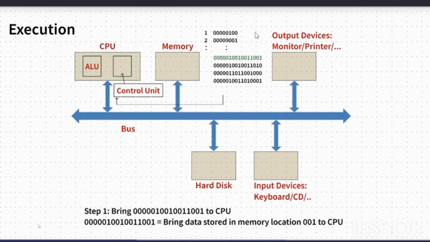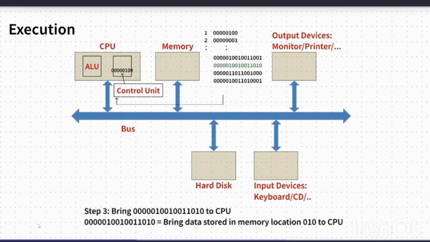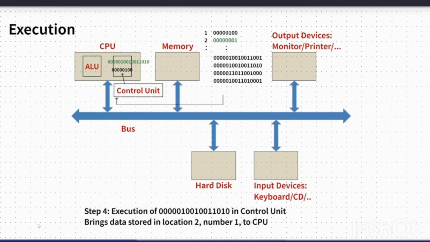The 4 in binary format is stored in the location 001 and is sent to the CPU. That value is stored in that location. Similarly, the second value is also read and it is stored in the location 010 in the CPU.